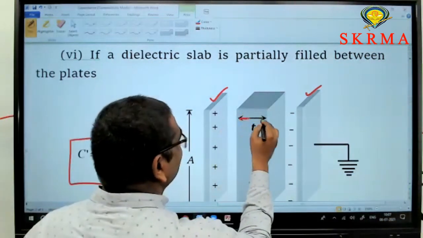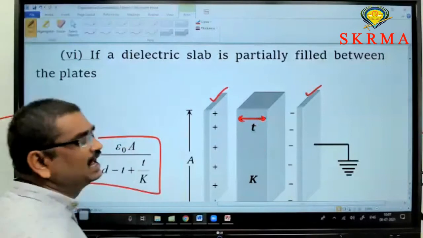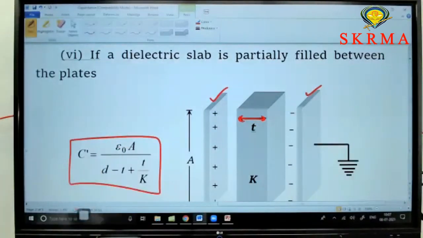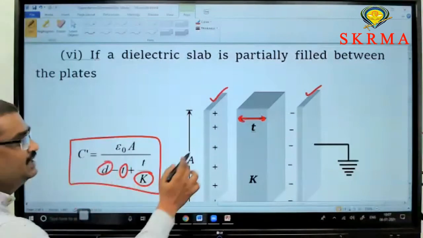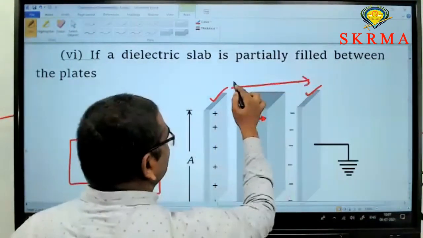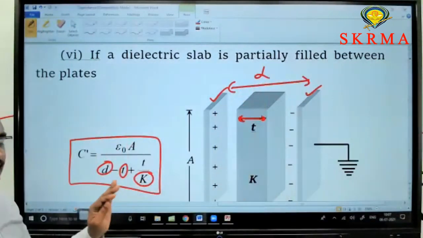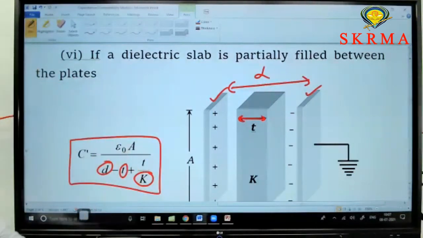T is the thickness of the dielectric. What is K? K is the dielectric constant. What is D? D is the separation between the plates. Remaining are as we discussed earlier.